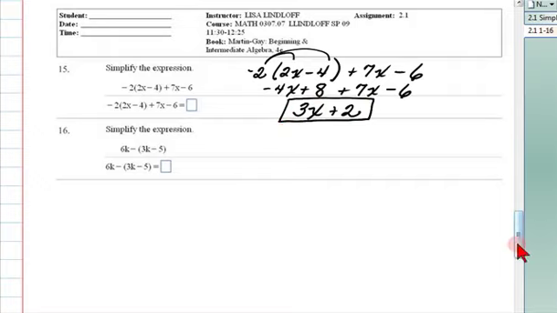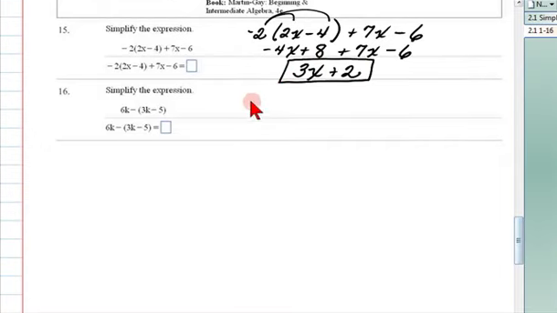Okay, our last problem, and I'll copy it down, to simplify 6k minus parentheses 3k minus 5. To simplify this, can I use the distributive property? Yes. And what is being distributed? A negative 1.